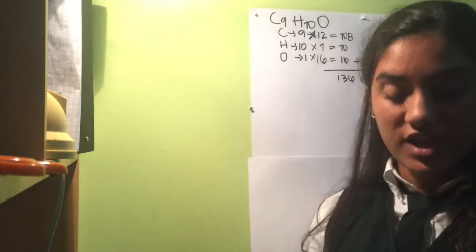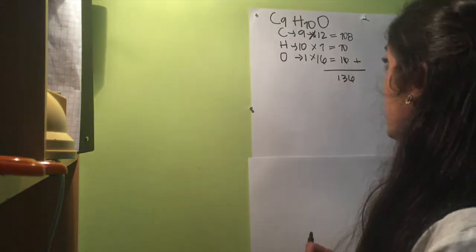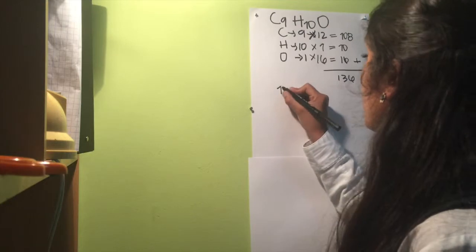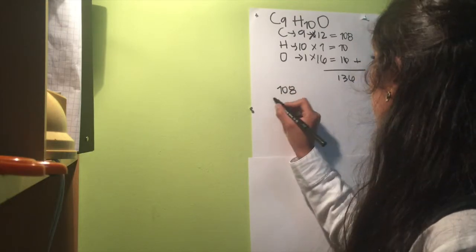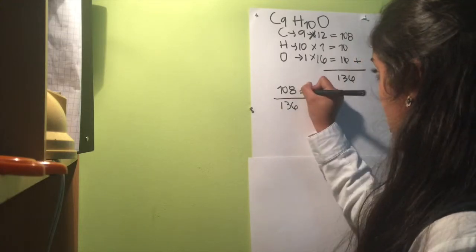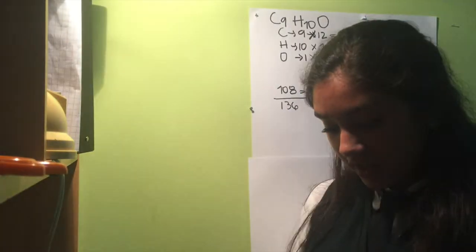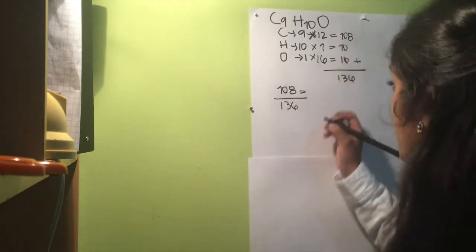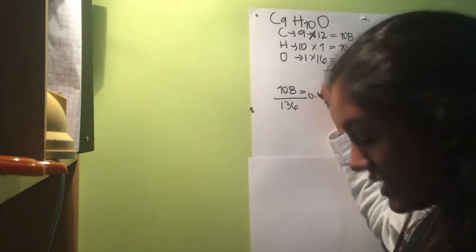To find the percentage of these, we are going to take the number 108 for carbon divided by 136. So you grab your scientific calculator and divide these by these, and we are going to have 0.80.